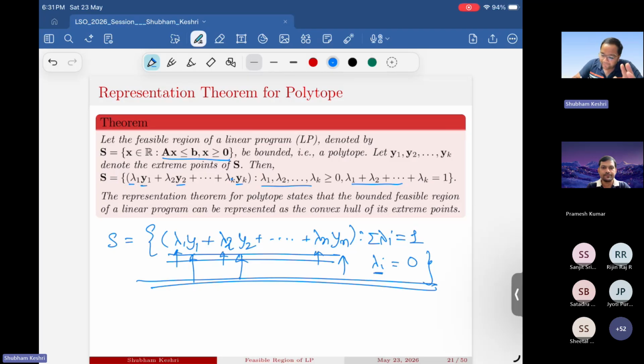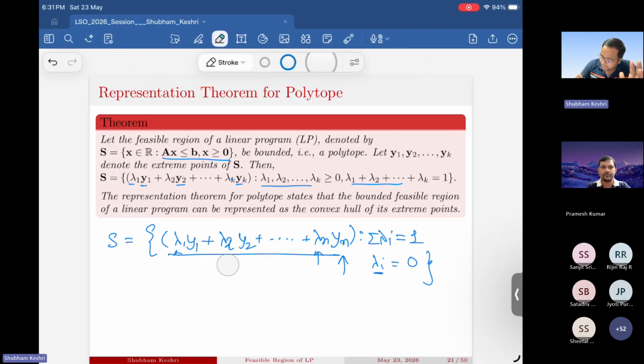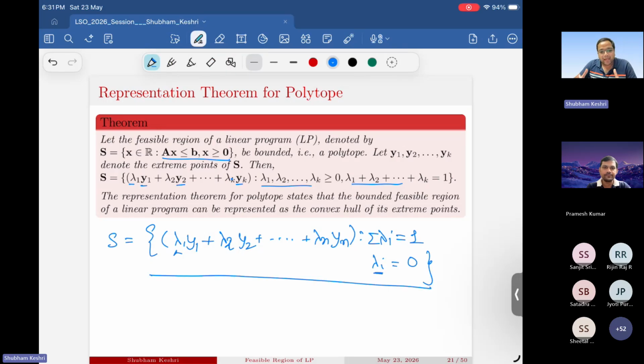Now what we have done, you see, is that my feasible region of the LP has been converted into these terms, and my variables are lambda1, lambda2, and lambda k. So what will be the objective function? The objective function was c times x, and now it will become c times lambda y.